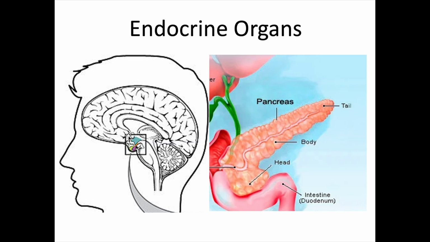Another organ involved in the endocrine system is the pancreas. And hey, we've seen this before. This was also involved in the digestive system, making pancreatic juices, making these chyme neutralizing bicarbonate and the digestive enzymes. Yeah, it plays an important role in that. It also makes some hormones.